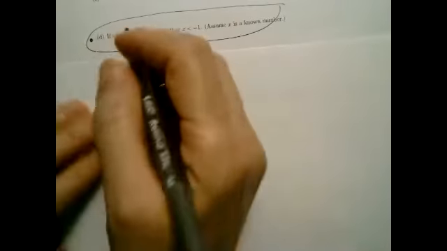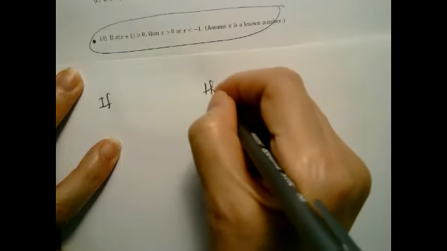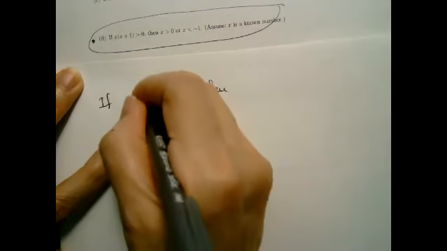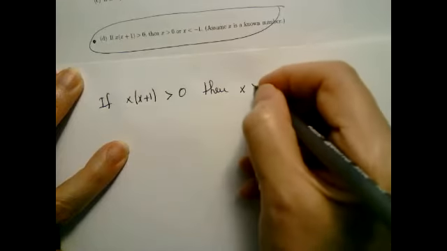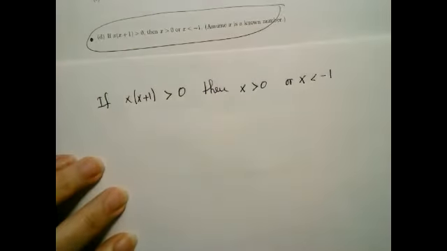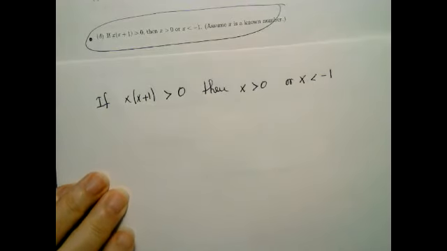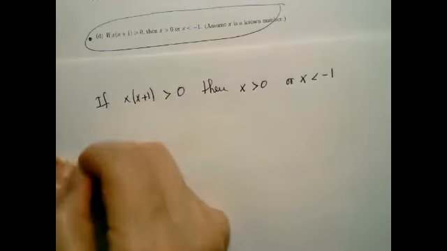So I'm going to do just part D. The question is an if-then statement: if, then, x is positive or x is less than -1. And I tell you, assume x is a known number, and don't worry about its truth value. If you think a little bit, that's a true statement. So first, the negation.